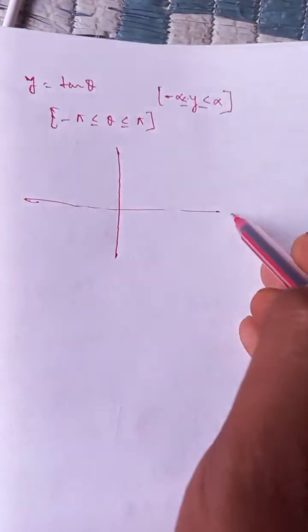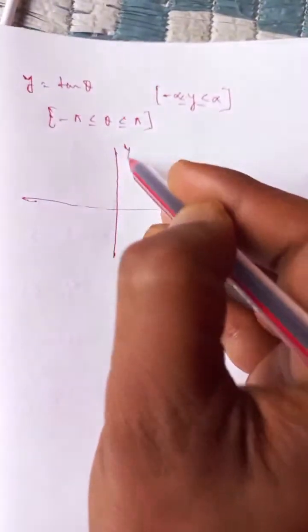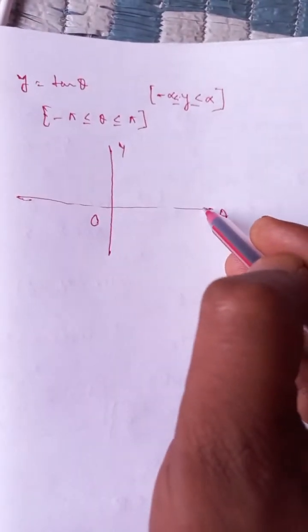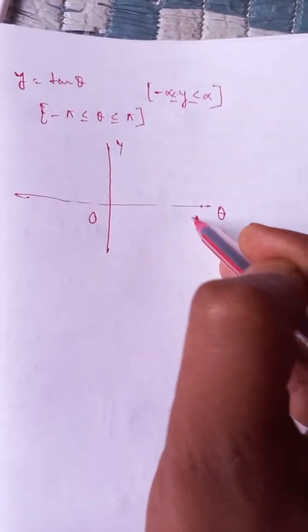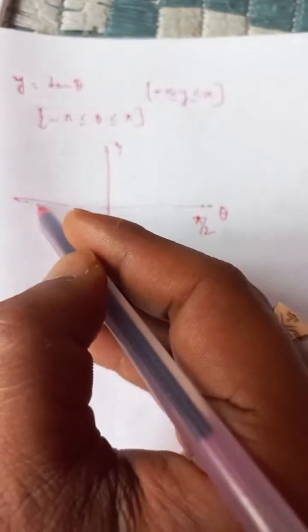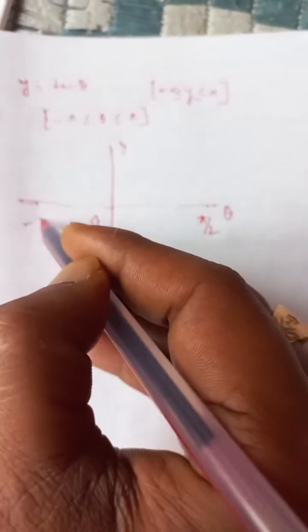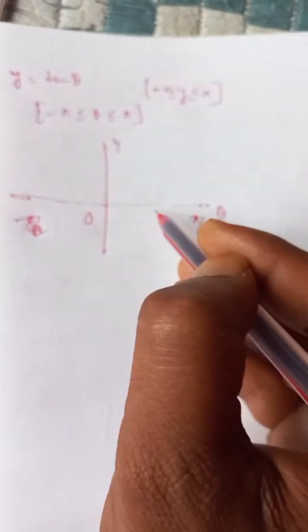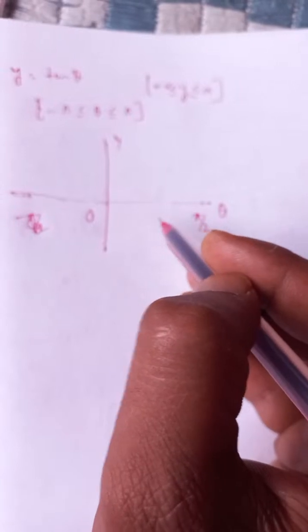This is theta, this is y, origin 0. So if we take this is pi by 2, this is 0, and here it is minus pi by 2.